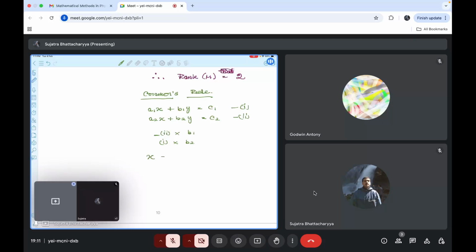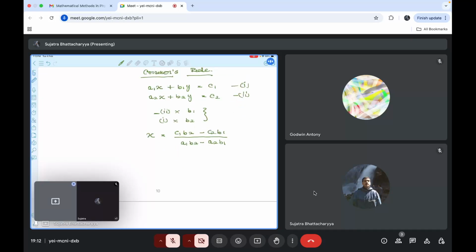What you will get? x will be equal to c1b2 minus c2b1 divided by a1b2 minus a2b1. Just try it. If you multiply b1 here and b2 here, the y terms will cancel. Only x and c1, c2 with some multiplication factor remain. And this is what we are getting.